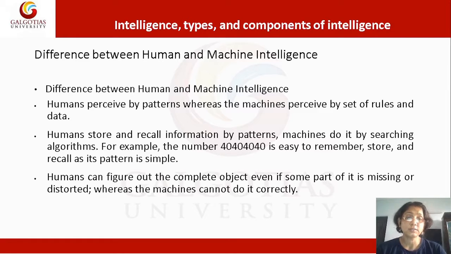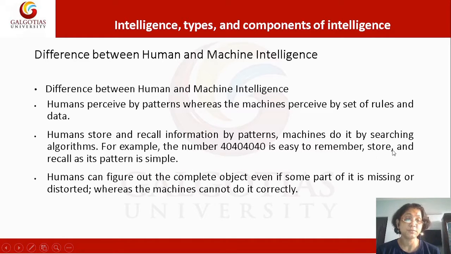So to make a machine intelligent, the basic component that is required is data. Humans store and recall information by patterns, machines do it by searching algorithms. If we take a number like 40404040, it will be easy for humans to remember because it is a simple pattern.